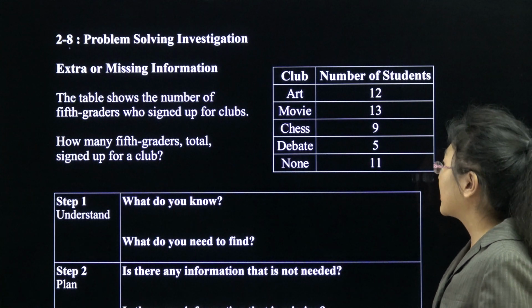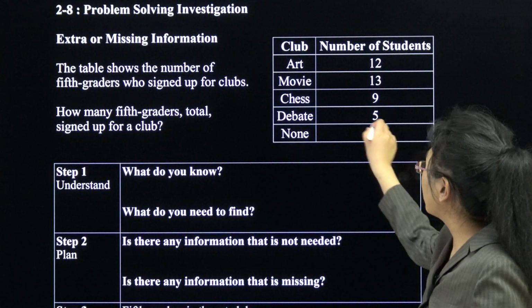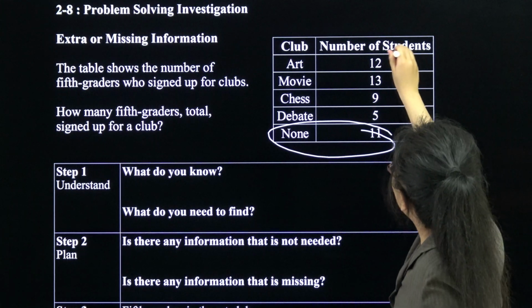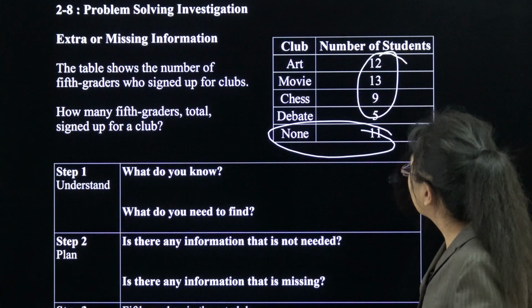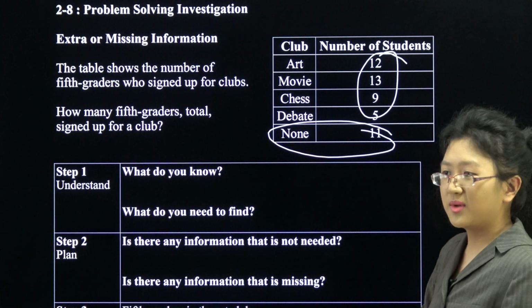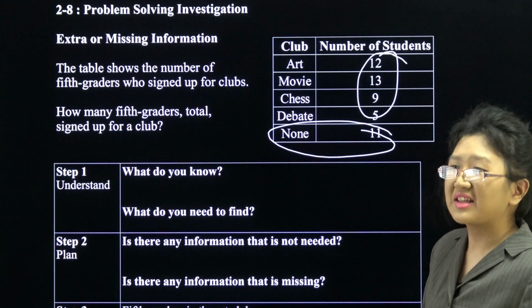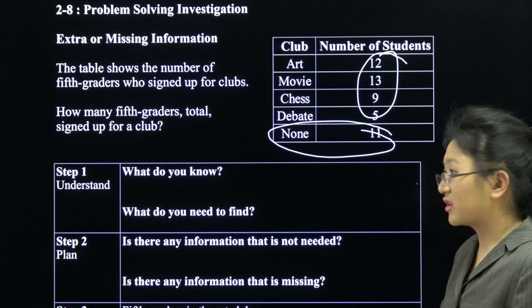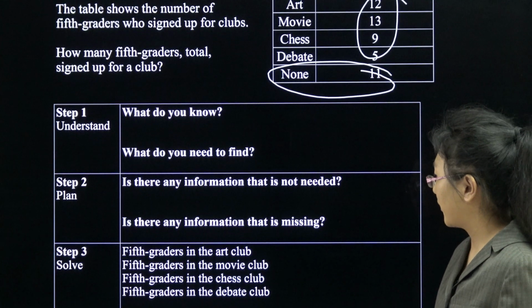Is there any information that is not needed? Technically, we don't need the none, because what we want to add up is these, not this one. Is there any information that is missing? Well, it'd be really nice if they told us that these were the only clubs, but technically we could still solve the problems with this information.